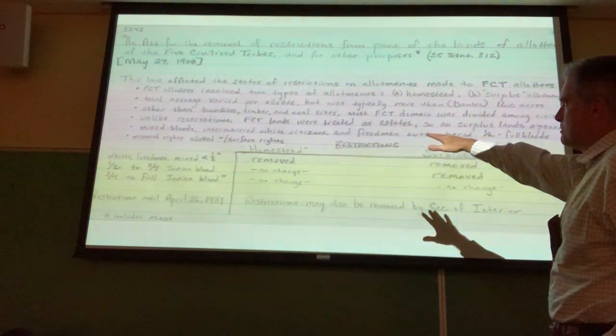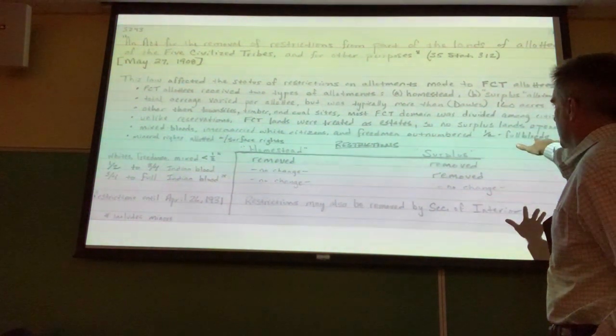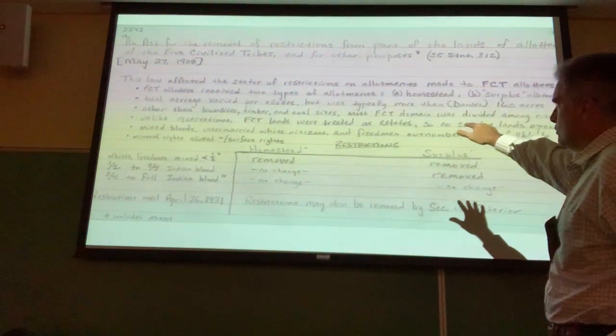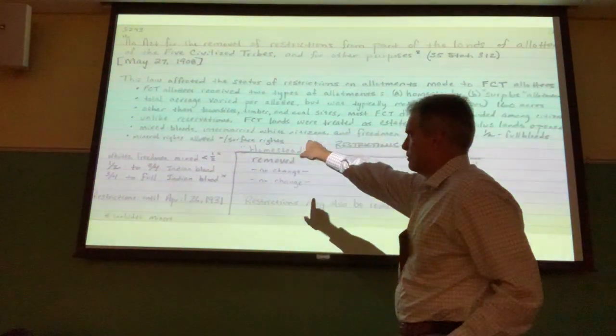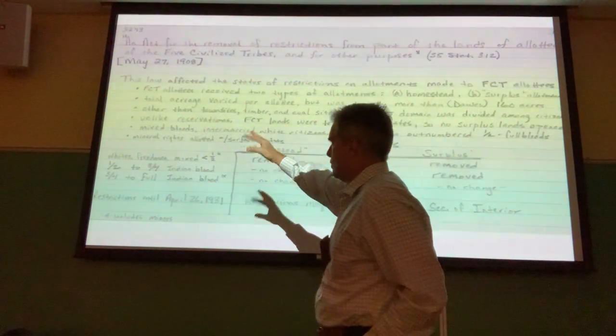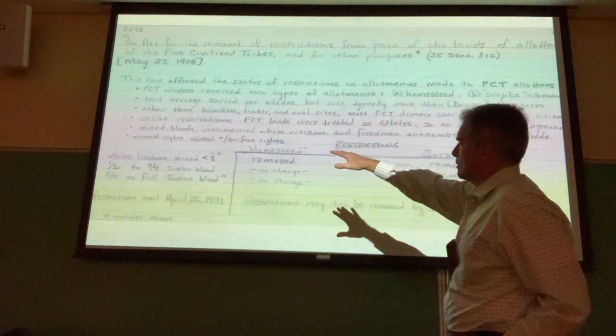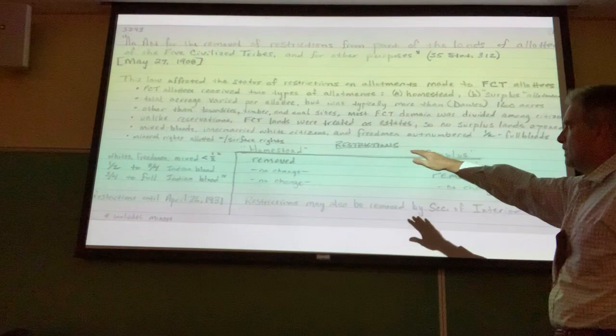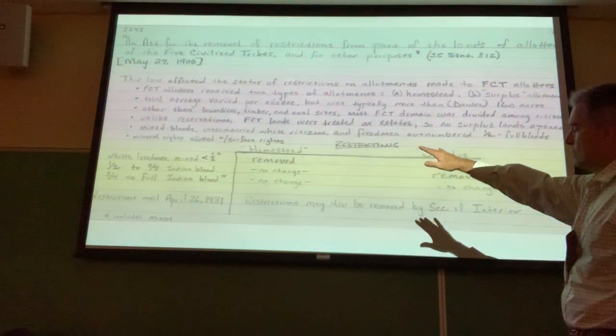So the 5 tribes' lands were treated as estates, we know that. There was no surplus land open to non-Indians other than those segregated ones that were sold or leased. The so-called mixed bloods, the people who were intermarried, there are 2 types.